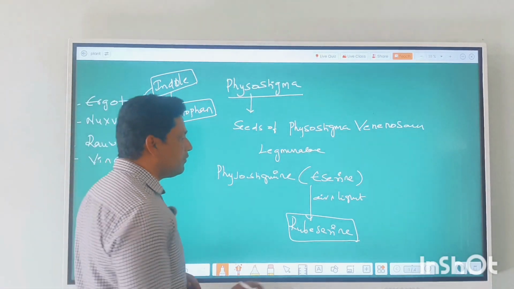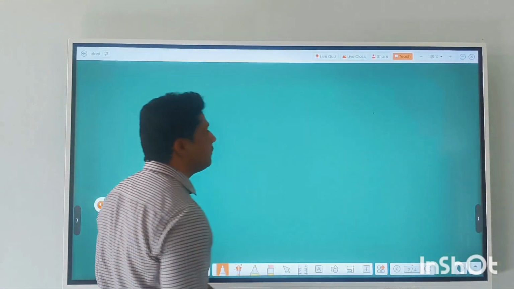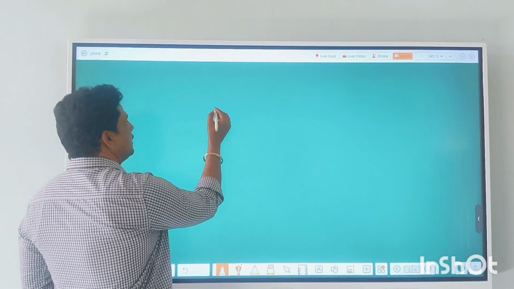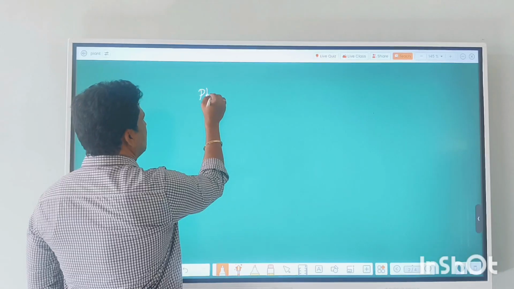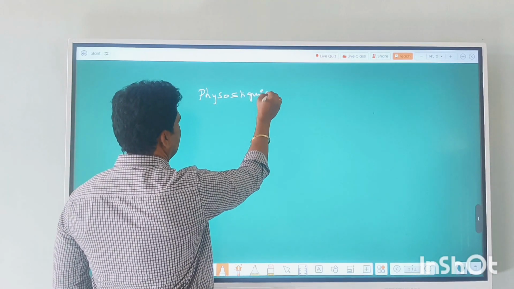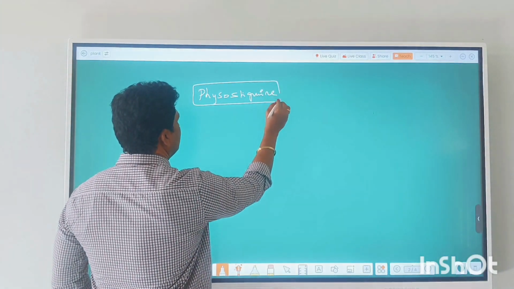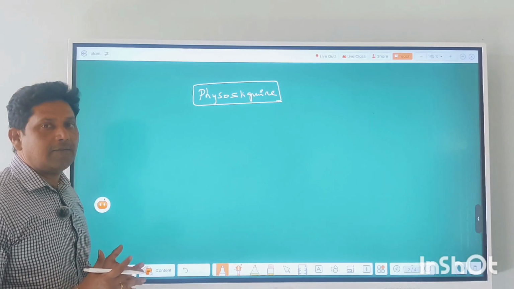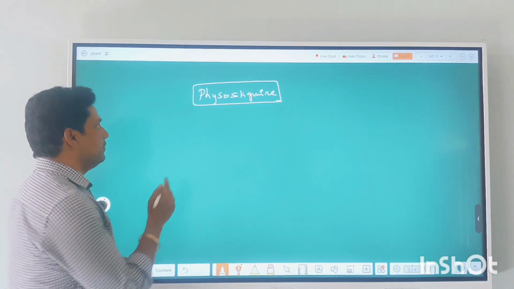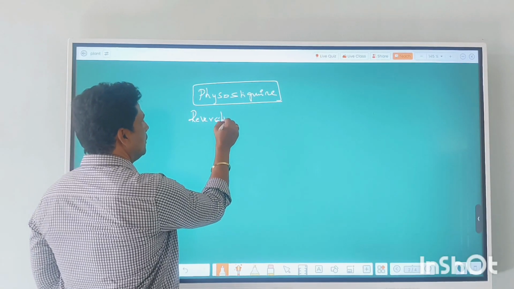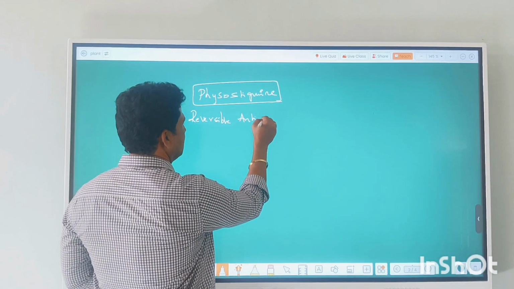Next, coming to the pharmacology part of physostigmine. It is a reversible anticholinesterase, physostigmine or eserine. Reversible anticholinesterase is also called an indirectly acting cholinergic drug.